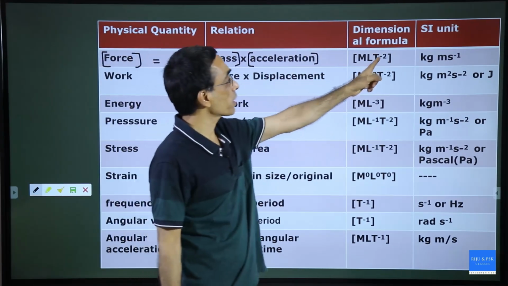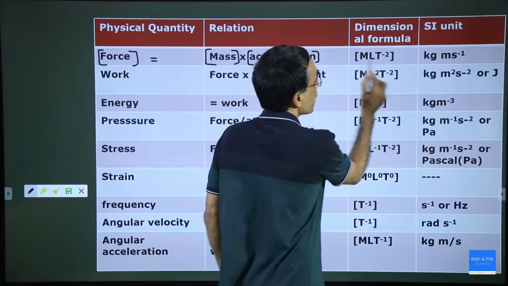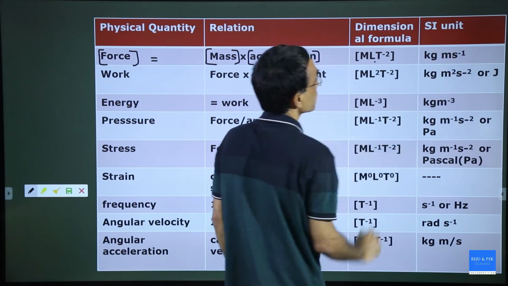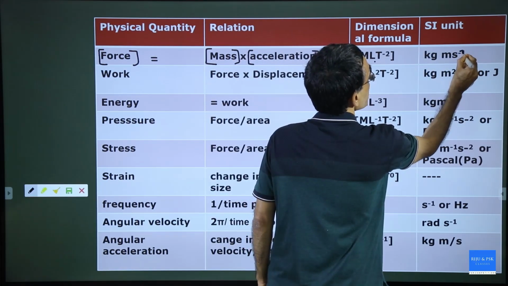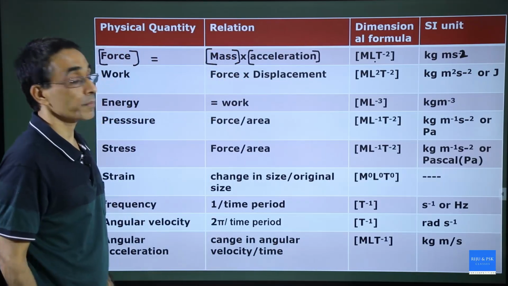Acceleration we studied as L t raised to -2, into M L t raised to -2. Write the unit: mass in kilogram, length in meter, time second. There must be -2 here, I'm sorry, m s^-2, correct, make a correction.